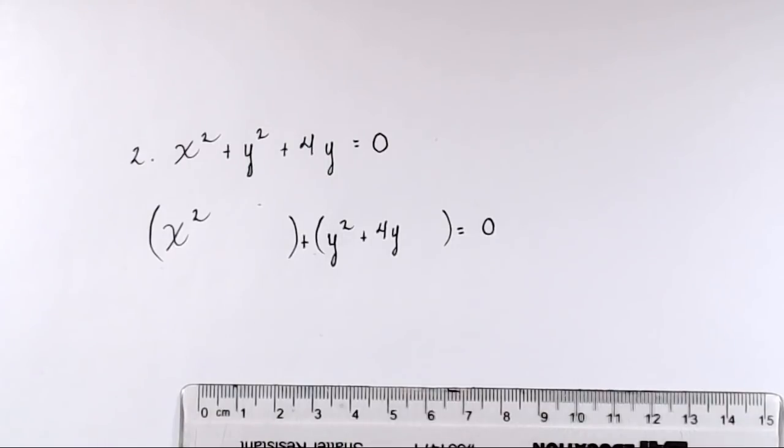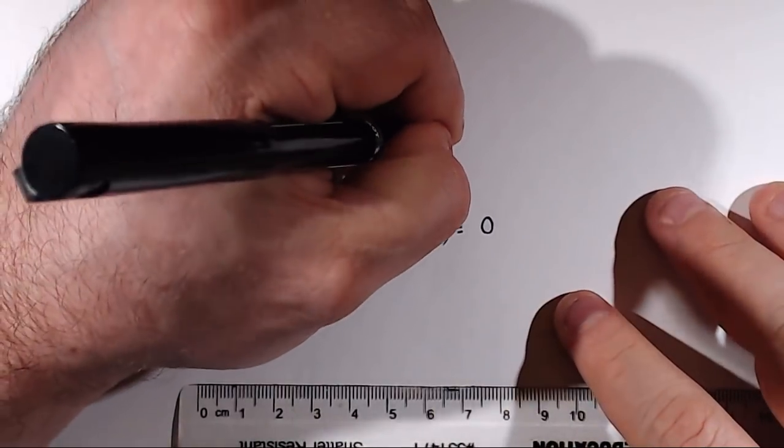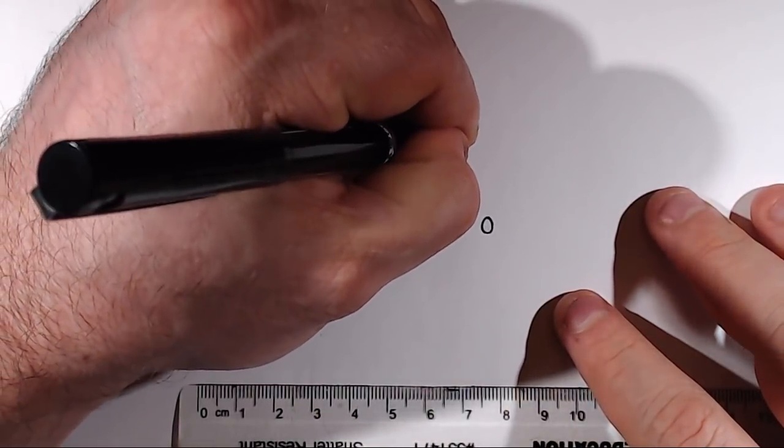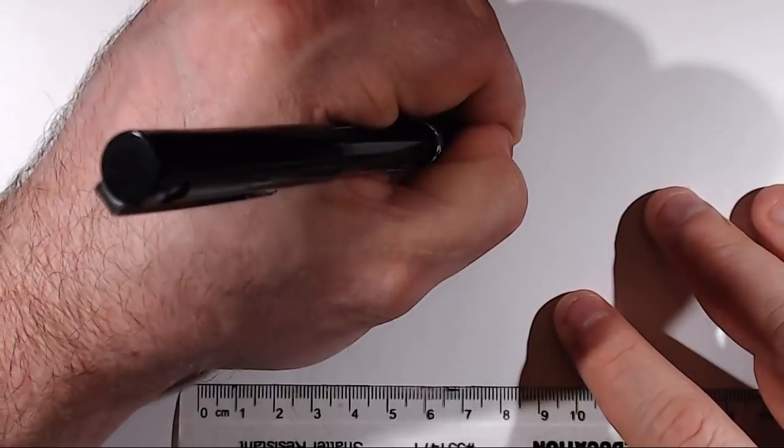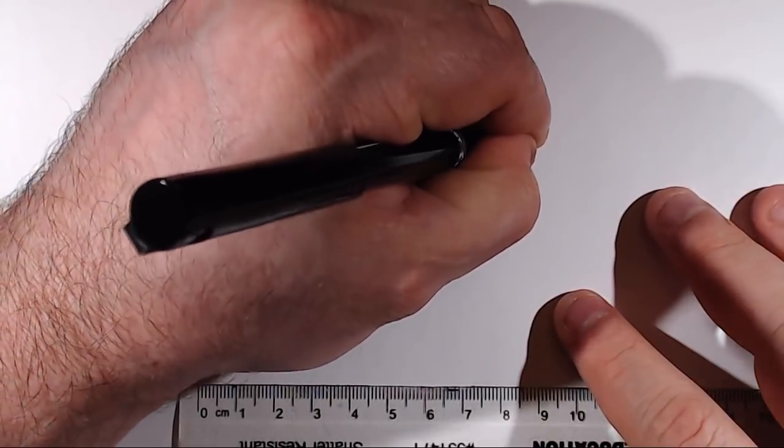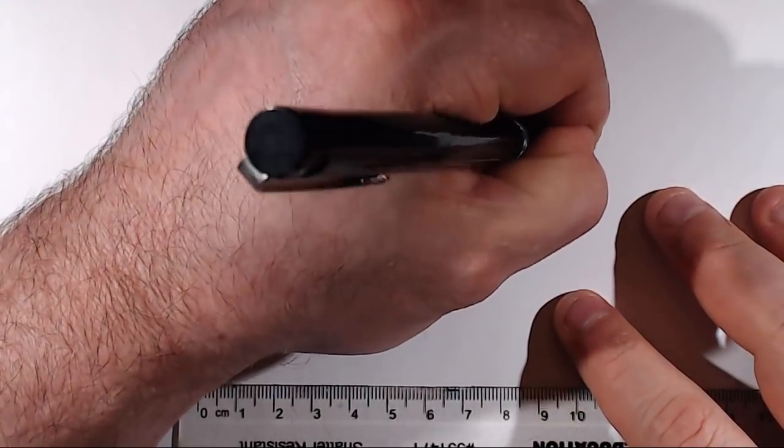Well, this may be why this is number 2 and not number 1, because you have to think about what a standard form equation of a quadratic actually looks like. So a standard form quadratic is ax squared plus bx plus c.